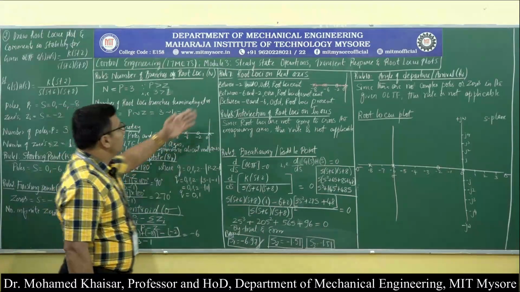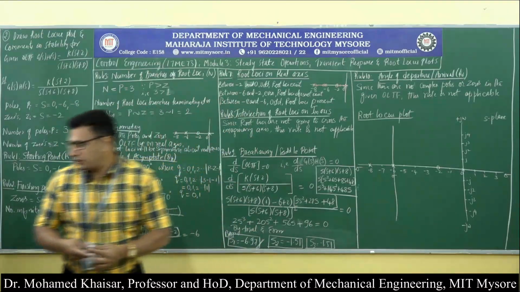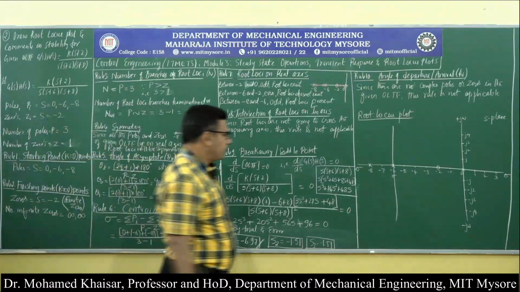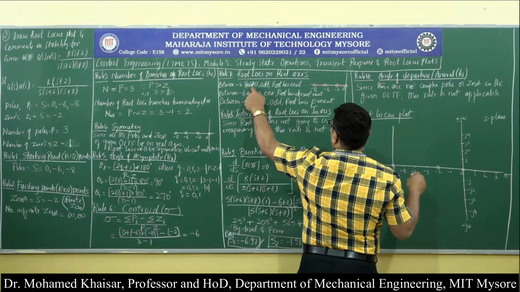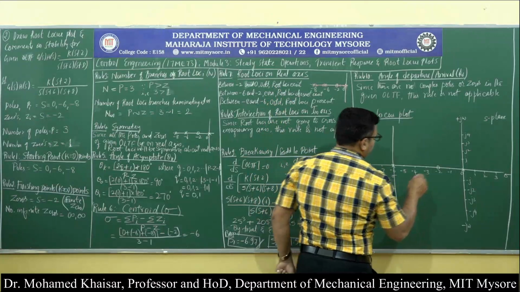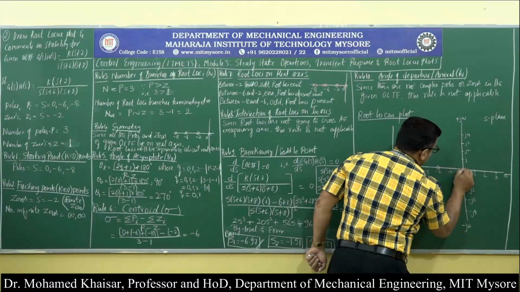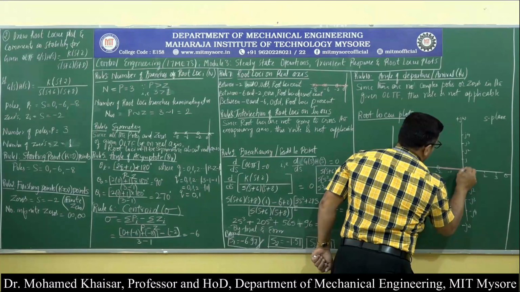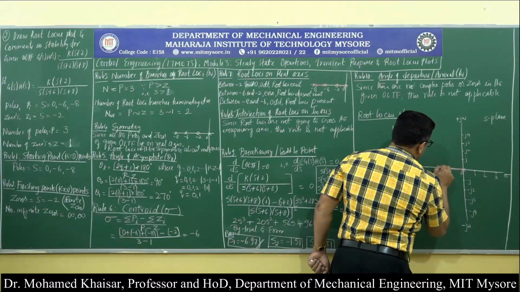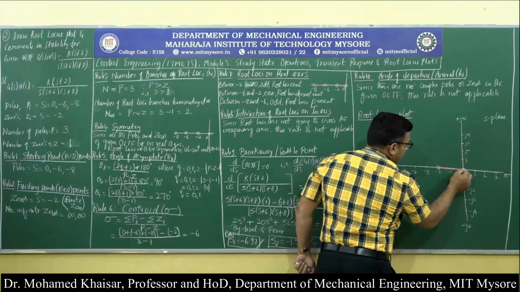Then root loci on the real axis. As we know, between minus 2 and 0 it is odd, so root locus exists.